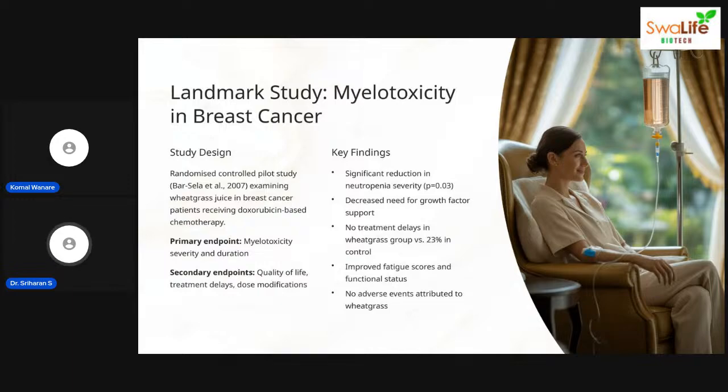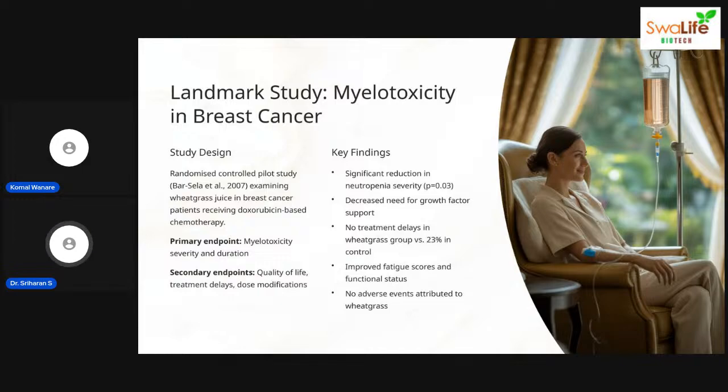It also decreased the need for growth factor support. So it decreased neutropenia severity while limiting growth factor support. Our secondary endpoint showed no treatment delay in 23% of the wheatgrass group. The treatment delay was also very low in the wheatgrass group compared to the non-wheatgrass group.